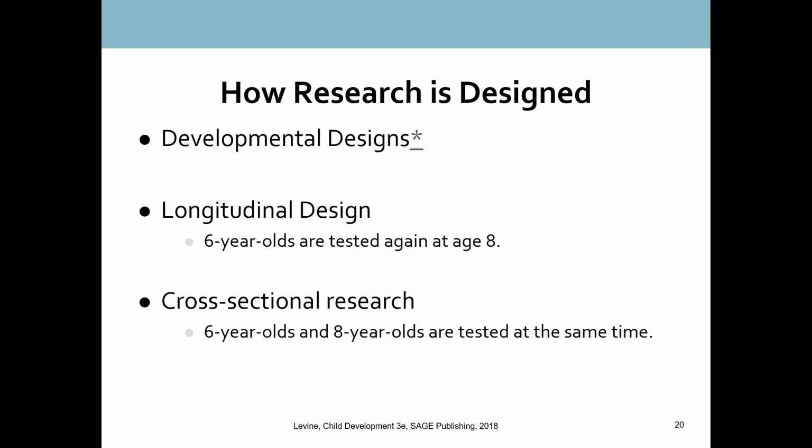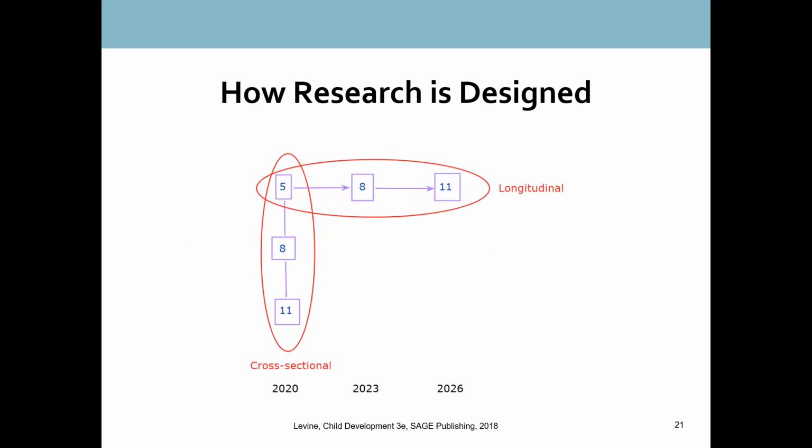The second developmental design is called cross-sectional research. Once again, I'm interested in the development of a particular skill, but I don't want to wait. I'm just going to go back to the diagram. I don't want to wait 6 years from 5 until my subjects turn 11, and I get my final results in 2026.